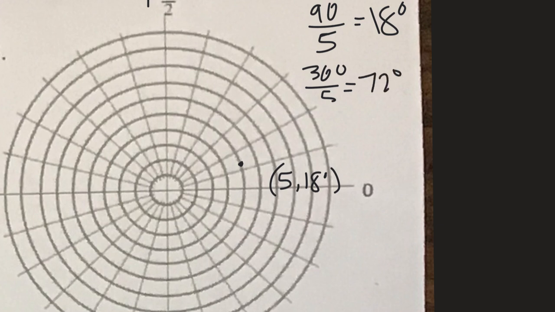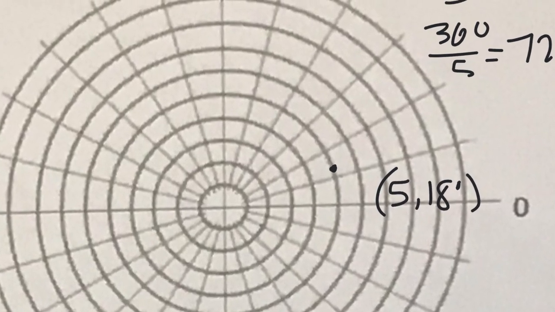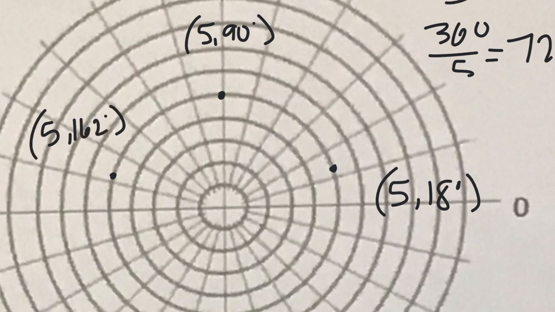72 degrees apart. So 18 plus 72 is 90. So we're at 5 comma 90. 90 plus 72 is 162. So over here probably somewhere, 5, 162. 162 plus 72 is 234.